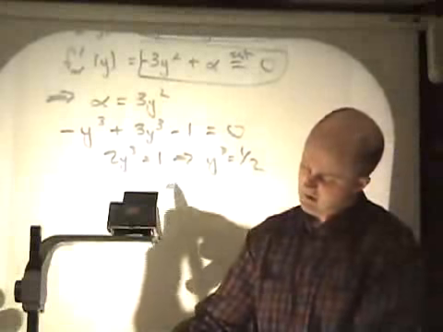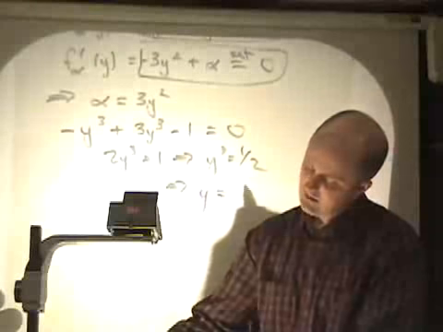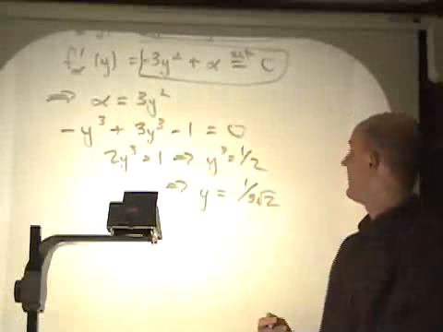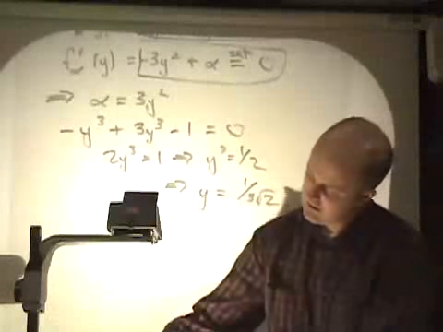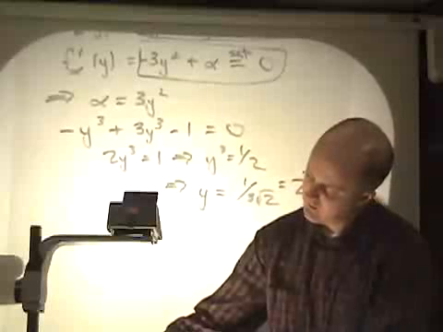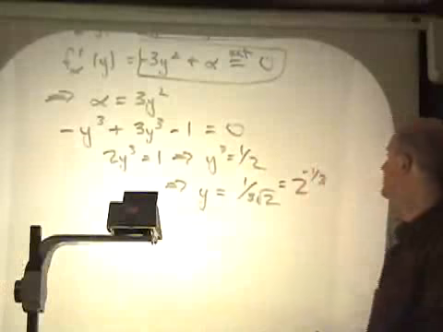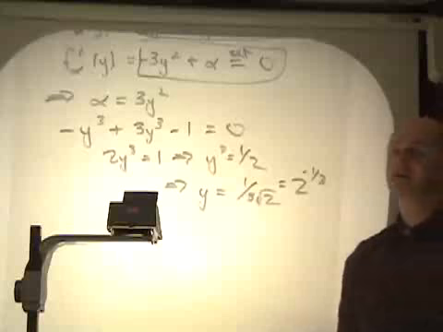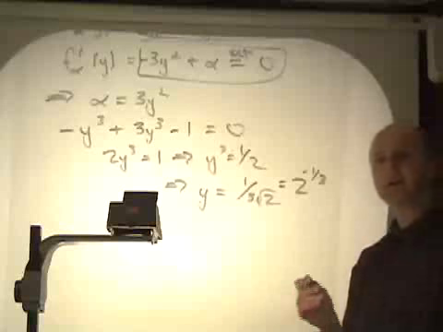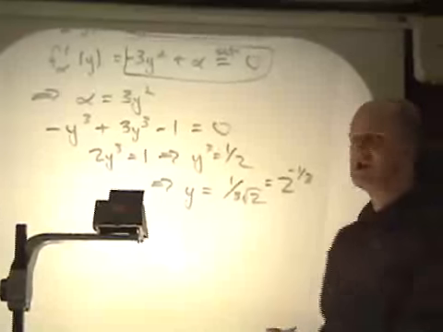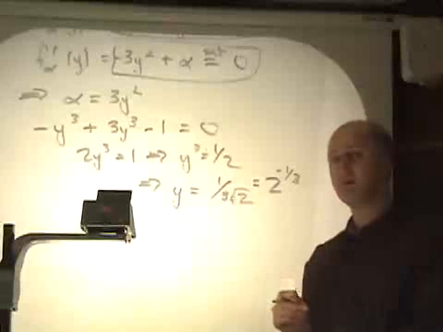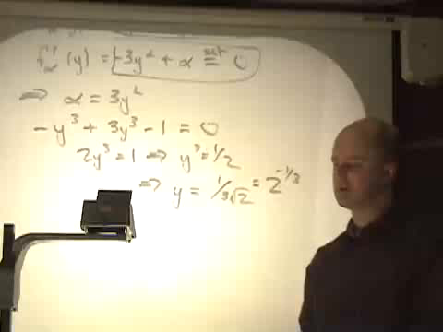That's got y equals 1 over the cube root of 2 as a solution, or if you prefer, 2 to the negative 1/3 power. You can then use that to figure out what alpha is. We found the location of the equilibrium point when the bifurcation occurs.